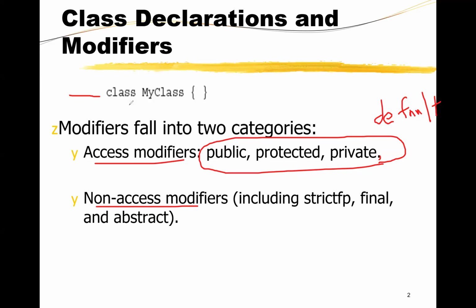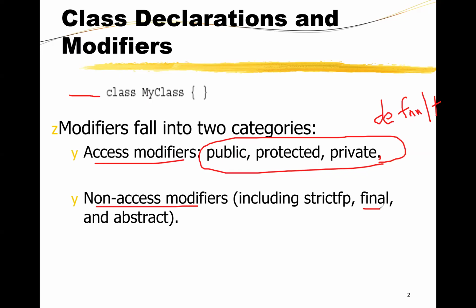Then for non-access modifiers, you may have seen final. When we talked about the String class last week, we discussed the final modifier. Final means that particular attribute cannot be overridden, cannot be modified.